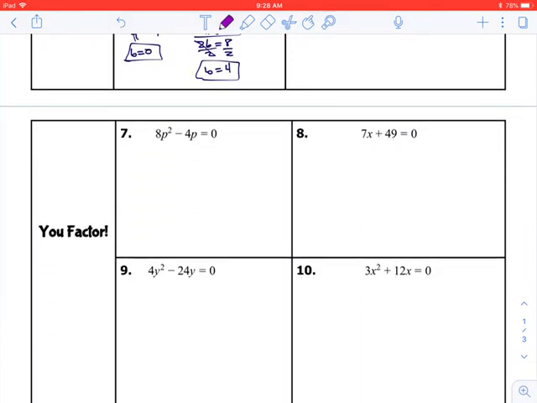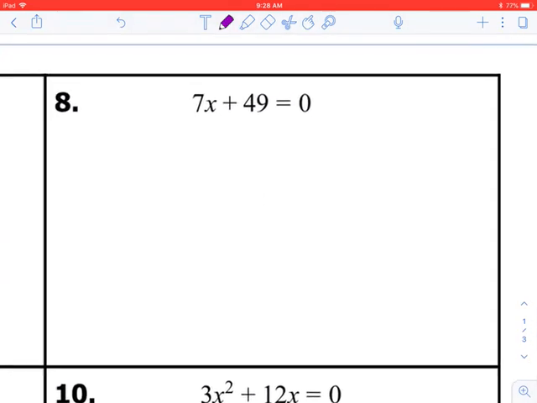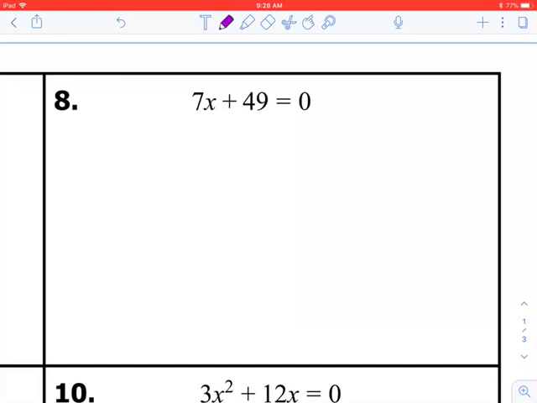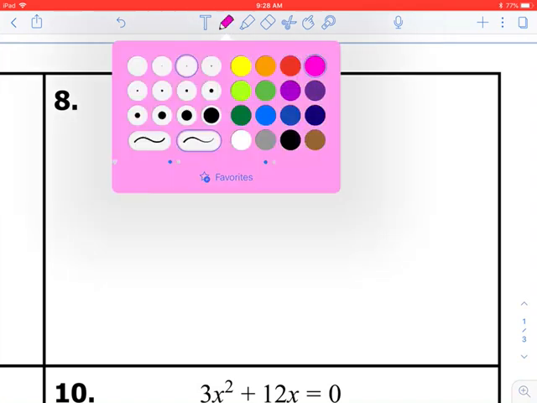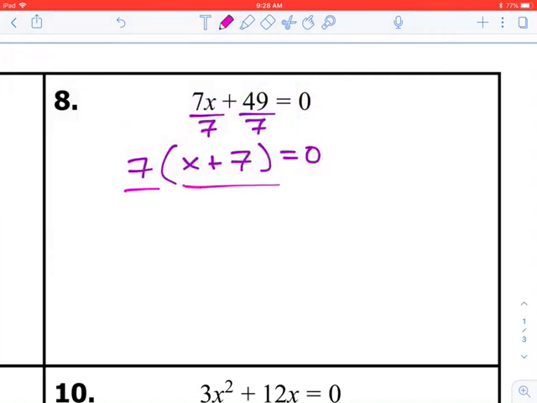So let's go to the back side here. Looking at number 7. Actually, let's look at 8. Number 8's kind of odd because my GCF is 7. When I have 7 out front, I'm left with x plus 7 equals 0. So I do have two factors here, but here's the catch. 7 is not really a factor because there's no x.